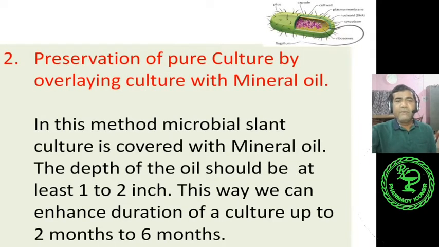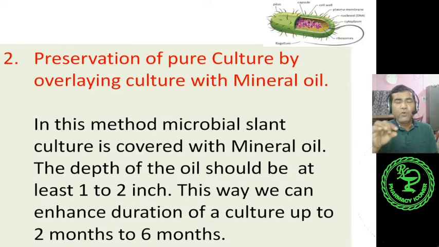Next is preservation of pure culture by overlaying culture with mineral oil. This is done with the slant culture. That is, the microorganisms are grown in a test tube in which the culture media is in a slanted position. So what we do?